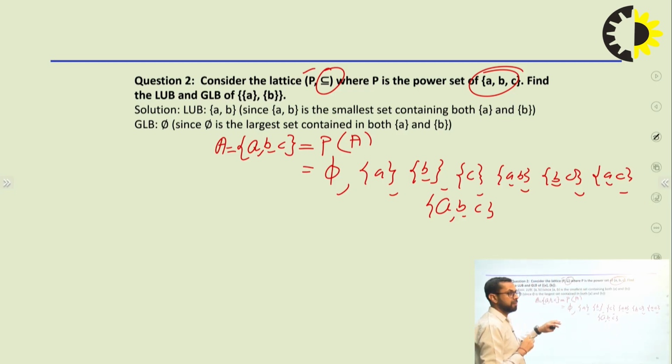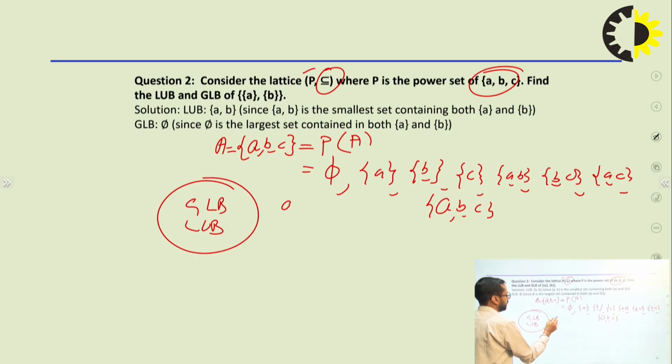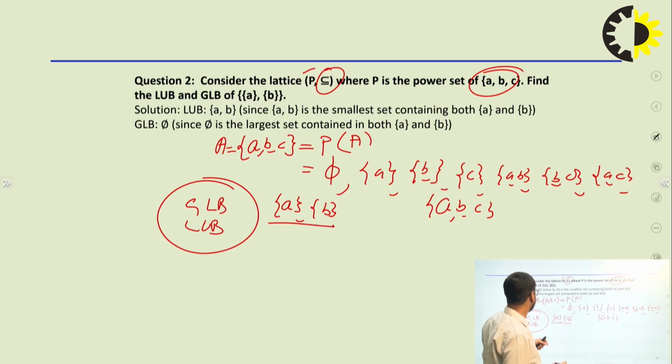Firstly we will prepare the Hasse diagram for the given elements and find the connections between A and B, and find the GLB and LUB values for the pair A and B.